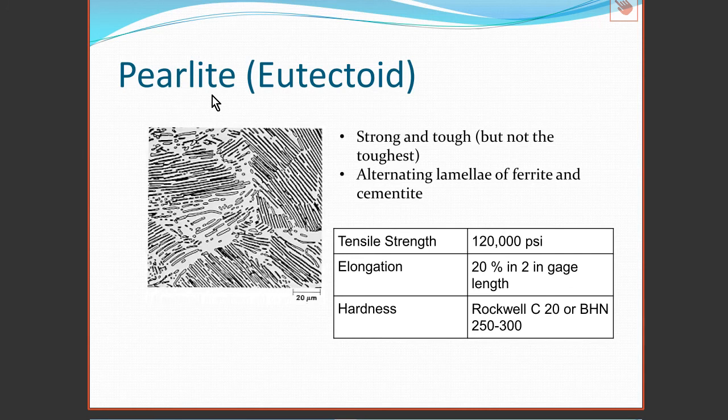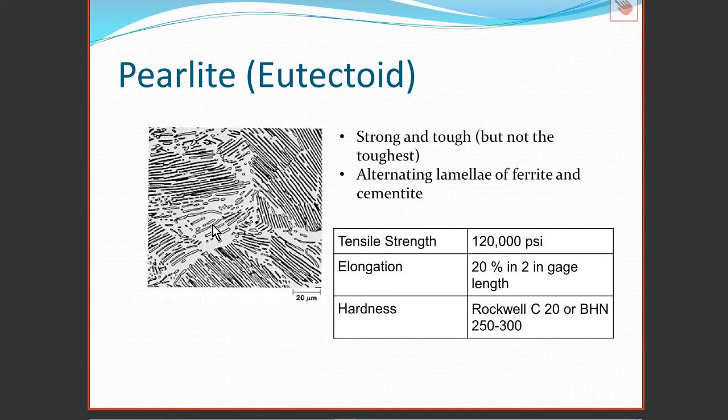So pearlite is this type of microstructure. If we cool pearlite very slowly, you can get a very coarse structure, or not very coarse, but to the point where it starts to diffract light. Those alternating layers of light and dark, if you polish it, will cause an interference of light, and the surface will start to look pearlescent.